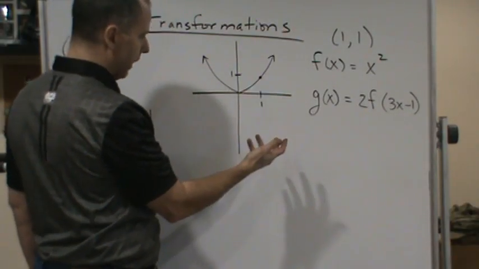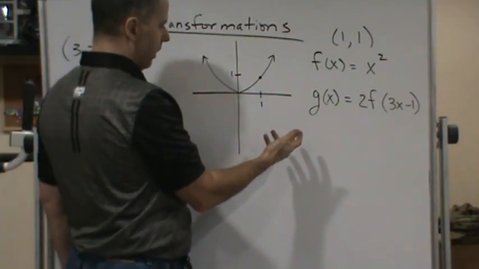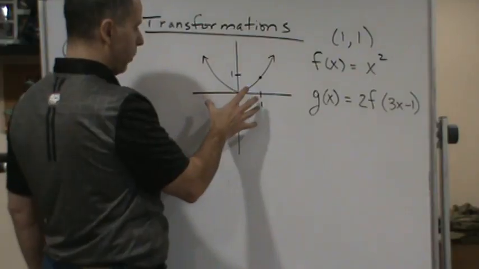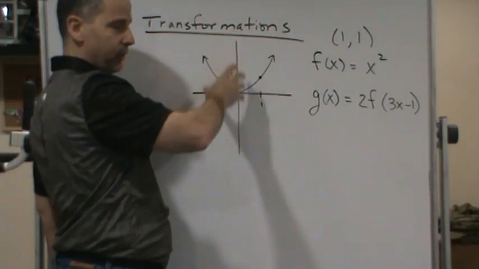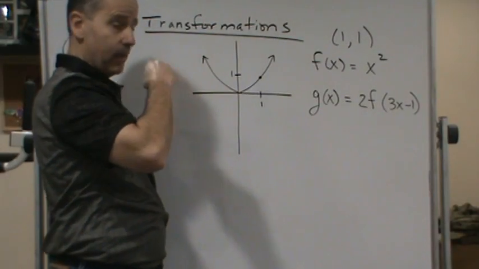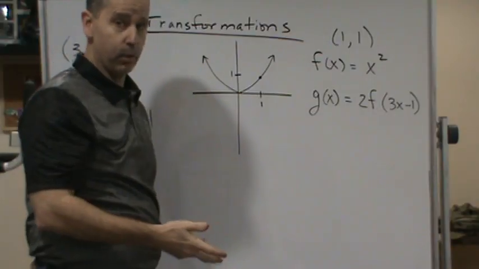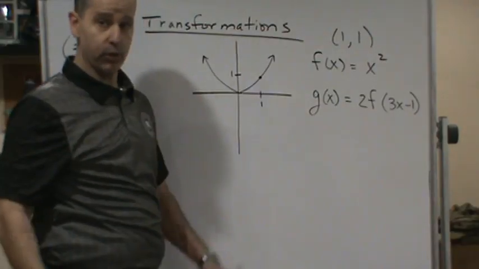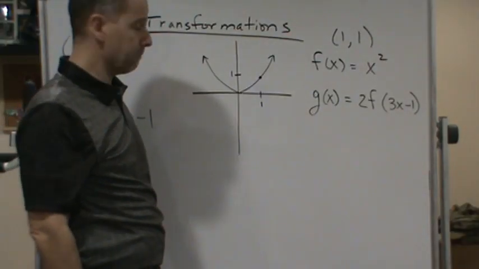If you multiply by a real number that's bigger than 1, then it's going to be a horizontal stretch, or excuse me, a vertical stretch. And if you multiply by a number between 0 and 1, then it's a vertical compression or shrinking.